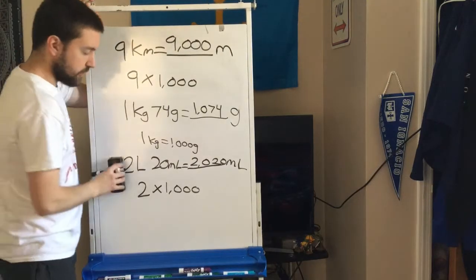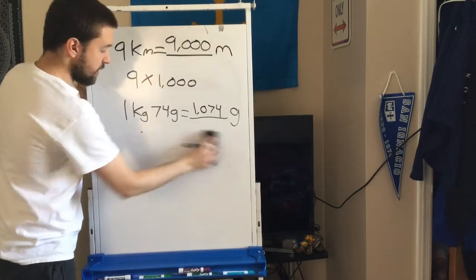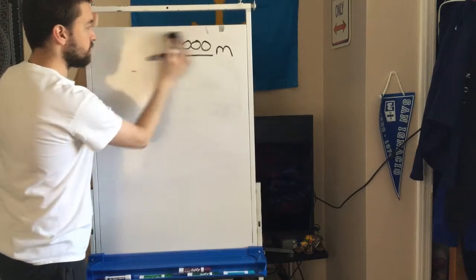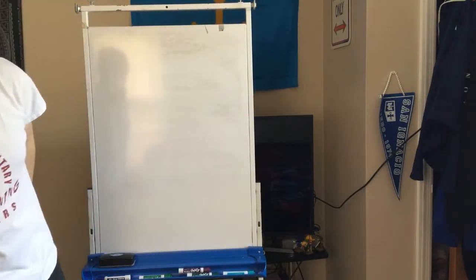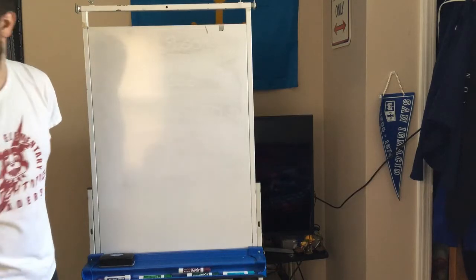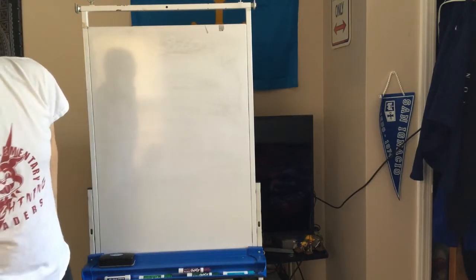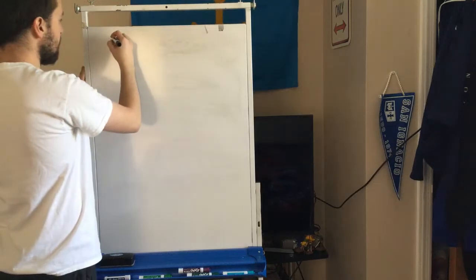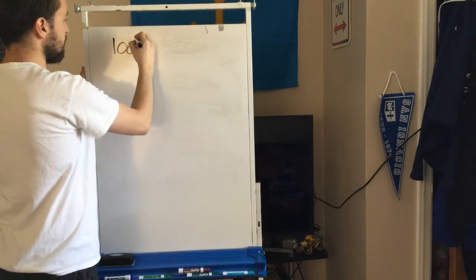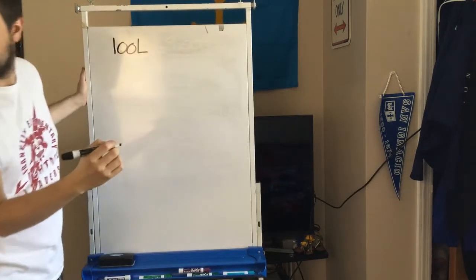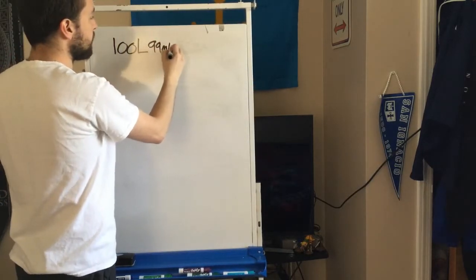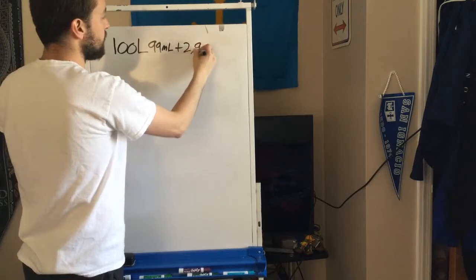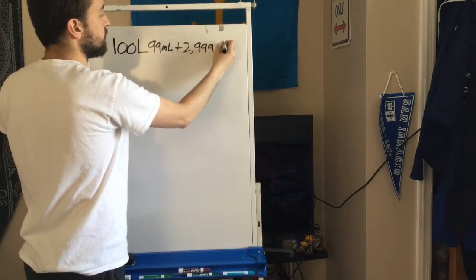Now, I'm going to erase this, and we're going to try to add some of these together here. Let's do an addition question. 100 liters, 99 milliliters plus 2,999 milliliters.